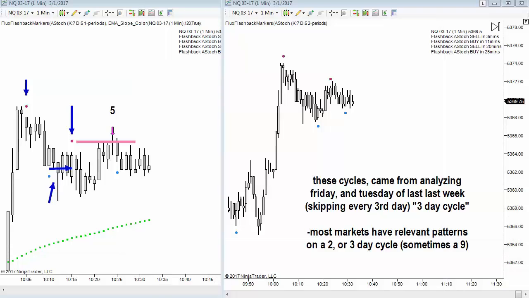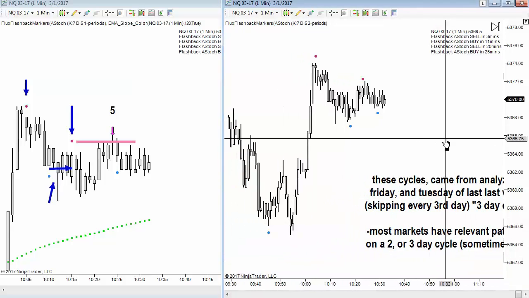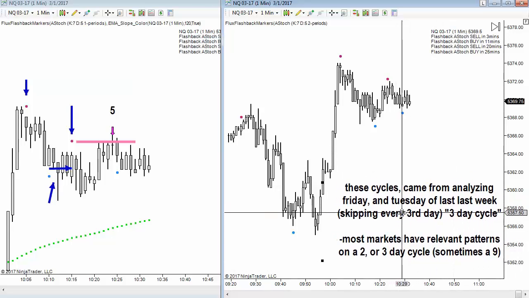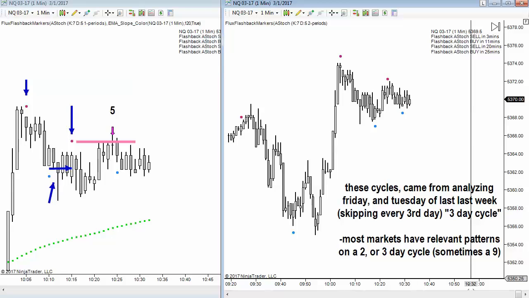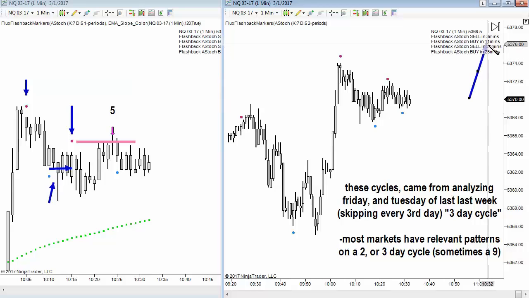Brent, what do you think of that? Derek, what do you think of that? All of the signals on this horizontal analysis came from a 3-day cycle in the NQ. We're definitely in the ballpark, right? The next signal is coming in 3 minutes. Then there's a buying pressure signal coming 11 minutes after that.